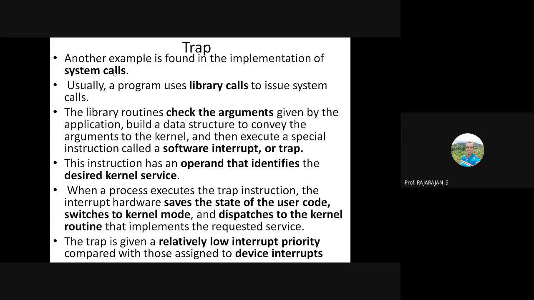So accordingly, it executes the necessary library routine, and then it returns the response to the user process, and then the mode is restored to user mode. That is the idea of a trap. It's a relatively low priority interrupt.